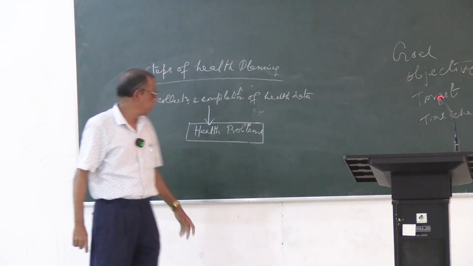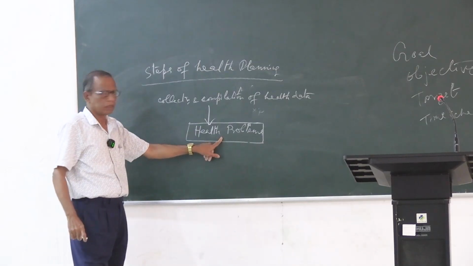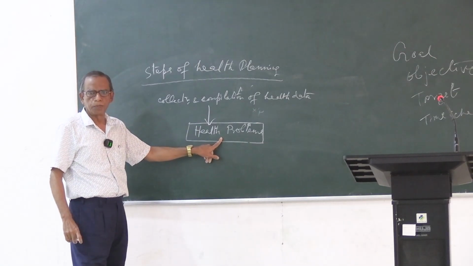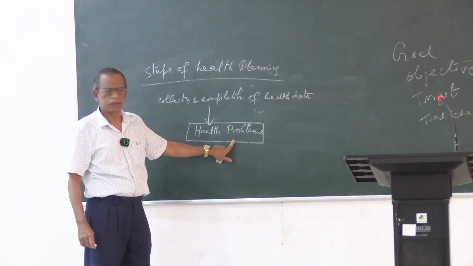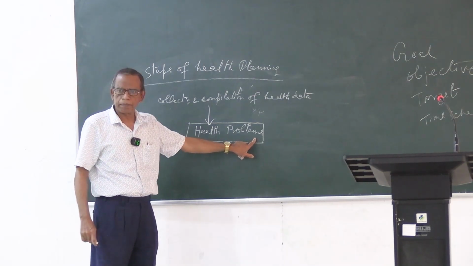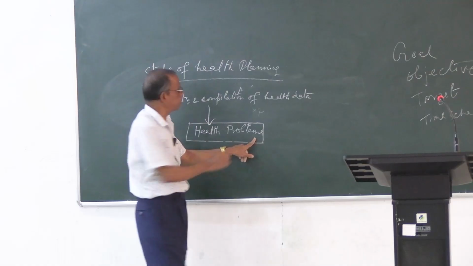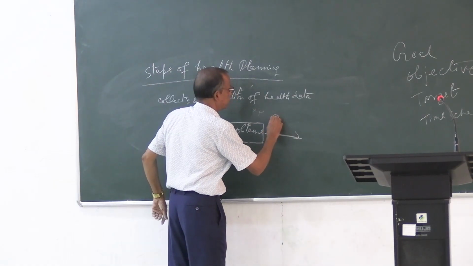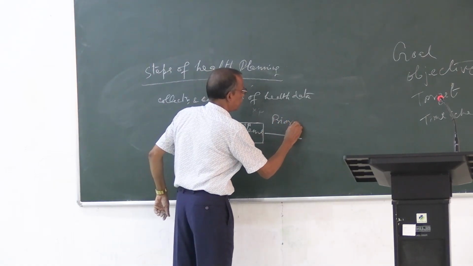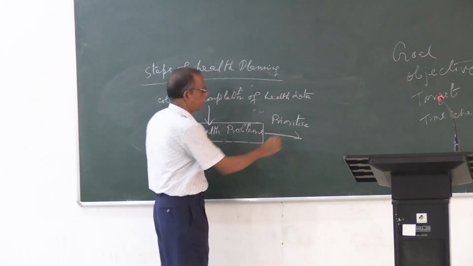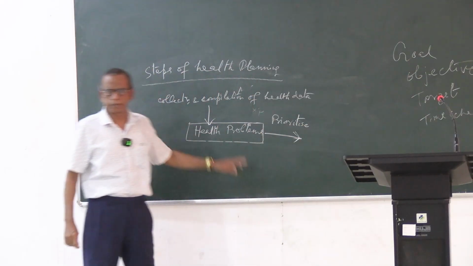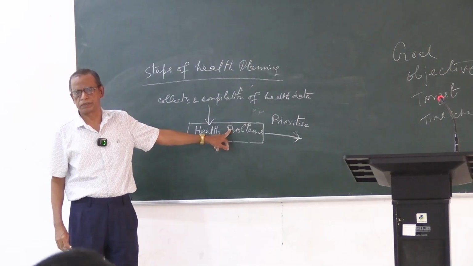So, you gave priority to prevent death of underdeveloped children by giving vaccination. So, there are various problems. Out of these problems, you have to prioritize. Prioritize which health problems you will address first.